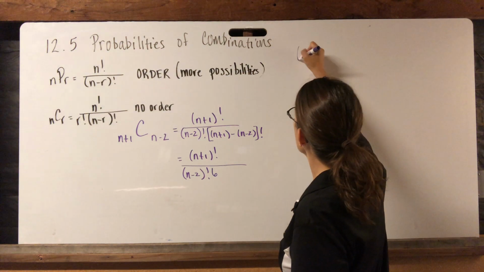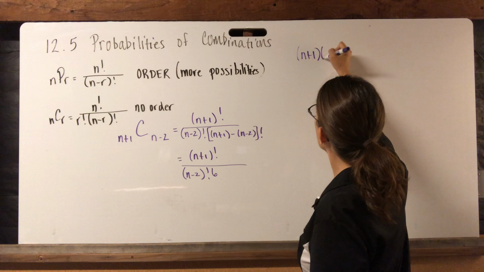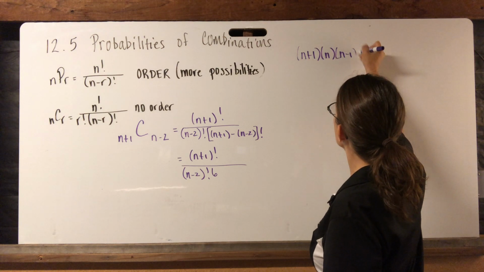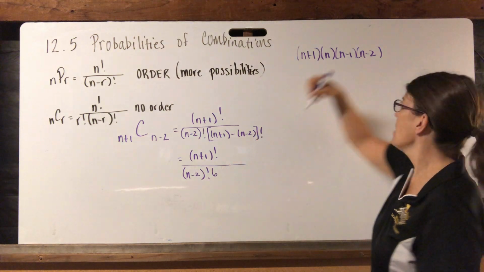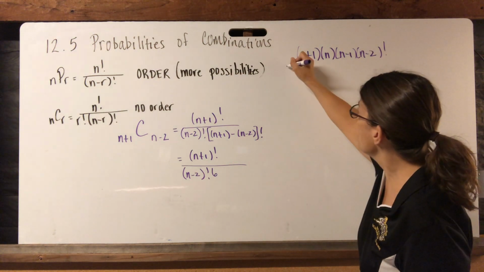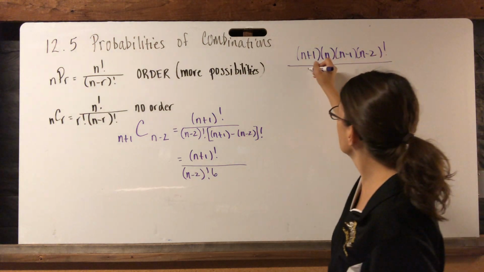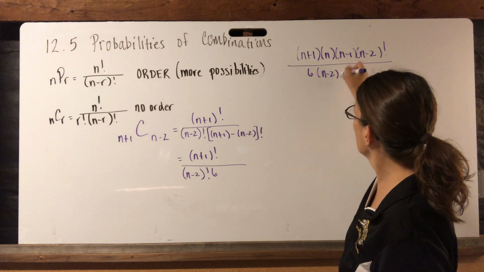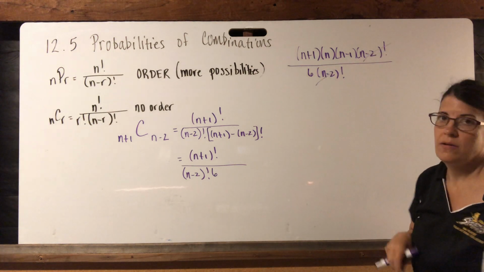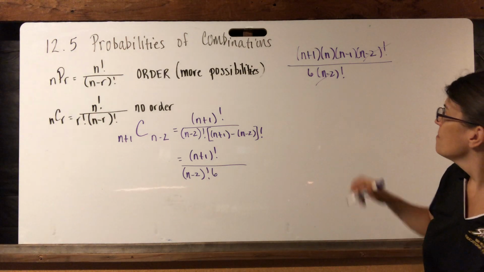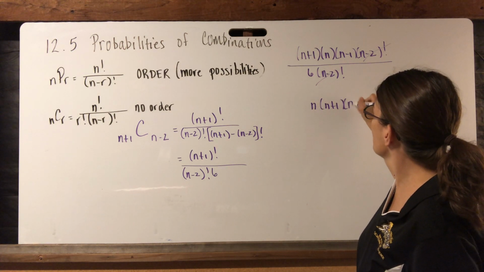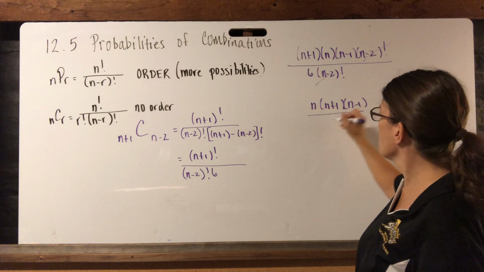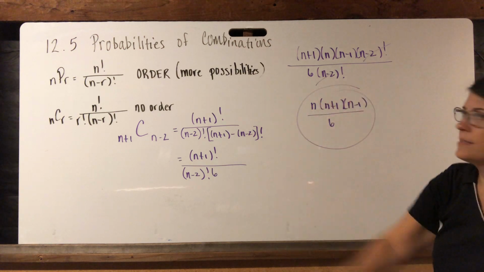So this is going to be N plus 1, N, N minus 1, N minus 2, N minus 3, blah, blah, blah, but I'm going to stop at N minus 2, bam, over 6. So you are left with N plus 1, N minus 1, all over 6.